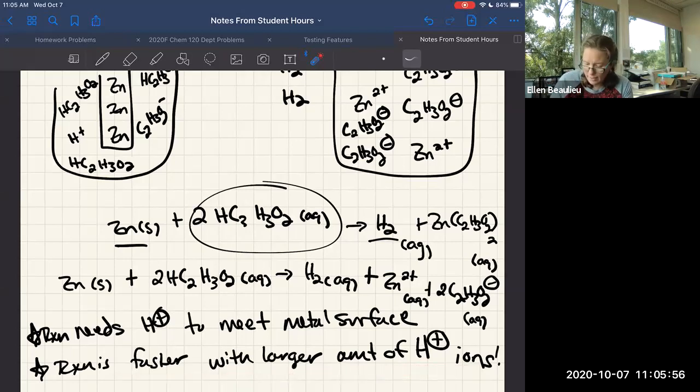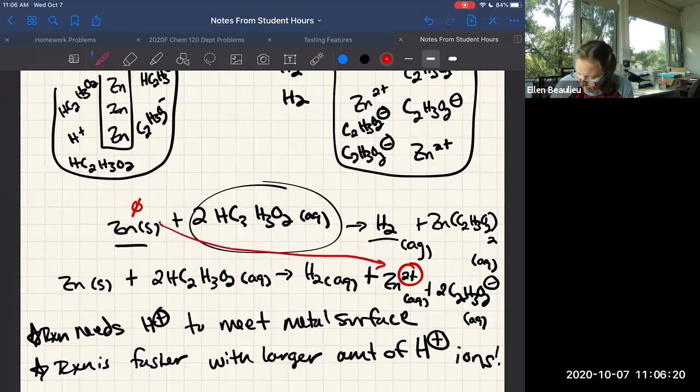Now, why are the H plus ions needed? I sort of skipped the part of your chapter 4 or 5, I've forgotten now, that talks about redox reactions, but zinc itself has no charge. It has an oxidation state of 0, but zinc in this compound has an oxidation state of 2 plus. So zinc loses some electrons. And who gets those electrons?